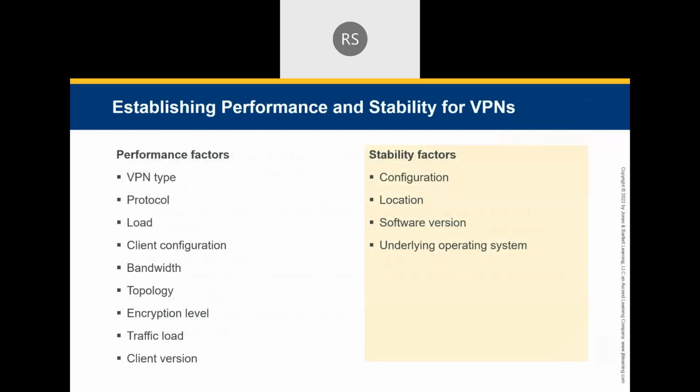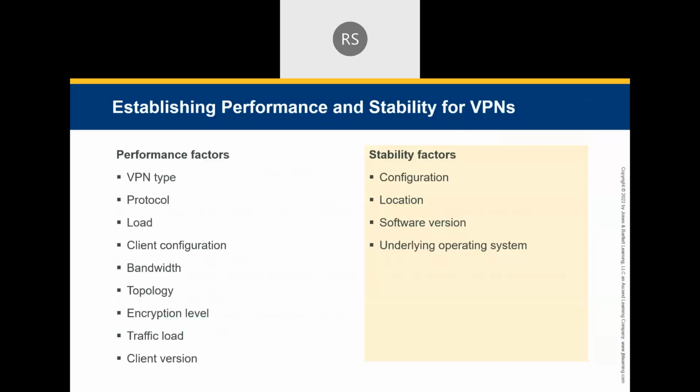Some protocols may offer better efficiency and throughput. Both the server and client load can affect VPN performance, especially during peak usage times. The configuration settings on the VPN clients are something else that can influence performance. This includes the encryption settings and compression.